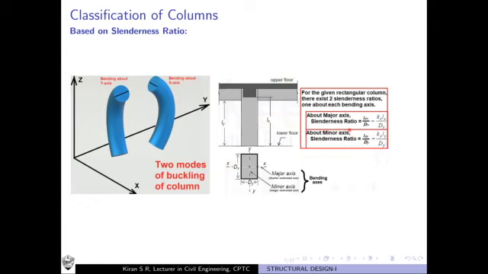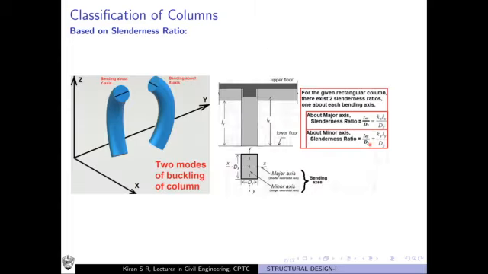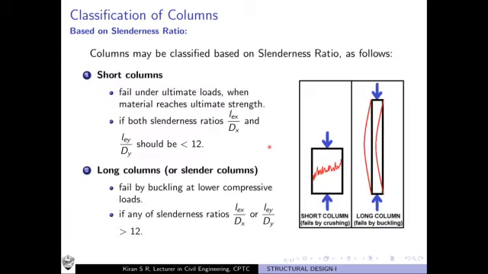Slenderness ratios have to be determined separately for the major axis and minor axis in the case of columns of rectangular cross section. So we have determined Lex by dx and Ley by dy, the slenderness ratios about the major axis and minor axis respectively. If we know these, then we can classify the columns into short columns and long columns.